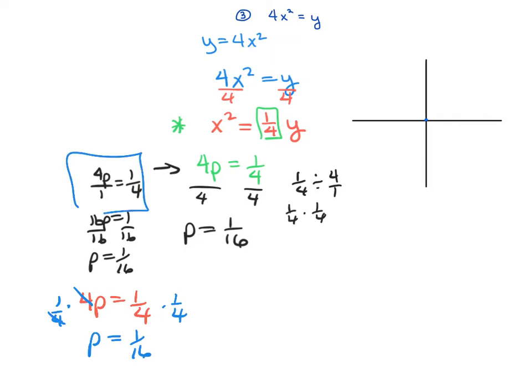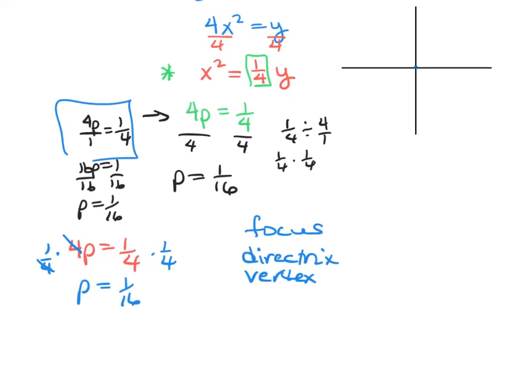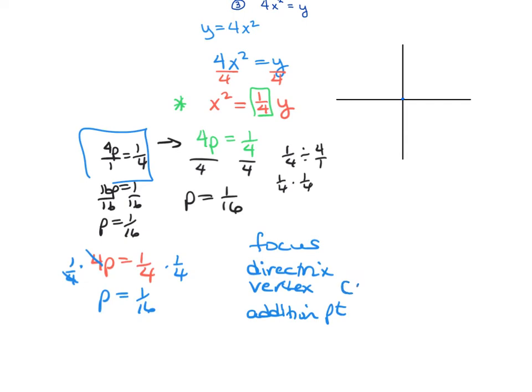All right, so now I found my p-value. So remember, we're looking for the focus, and it's a point. We're looking for the directrix, the vertex, and an additional point. So we already know our vertex is at 0, 0.